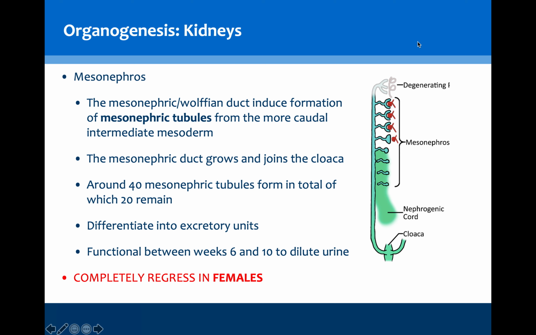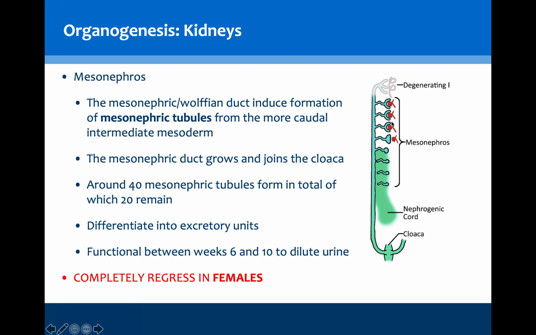However, this is far too insufficient for any more complex animal, and so the development of the mesonephros occurs. Here, the Wolffian/mesonephric ducts induce the formation of tubules from the more caudal intermediate mesoderm, as you can see here. Around 40 of these tubules are going to form, of which 20 will obliterate, leaving the most caudal 20.